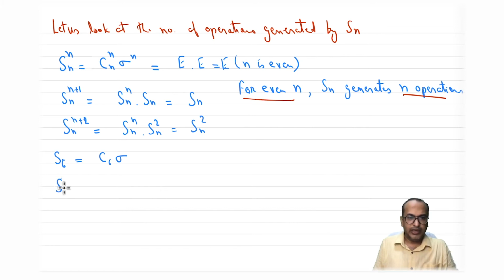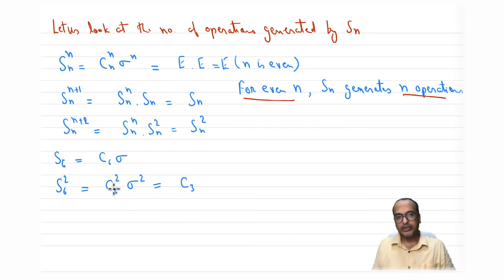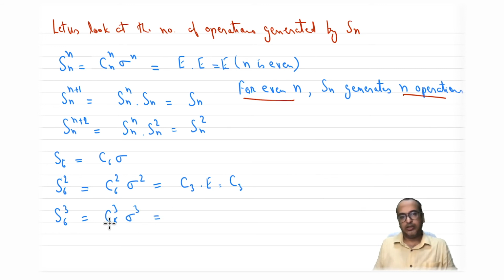Now let's say S6 to the power 2. This can be written as C6^2 sigma^2, right? C6 done twice is nothing but C3. Sigma done twice is nothing but E. So you have C3, and this operation is different from the previous operation. Now S6 to the power 3 will be equal to C6^3 sigma^3.